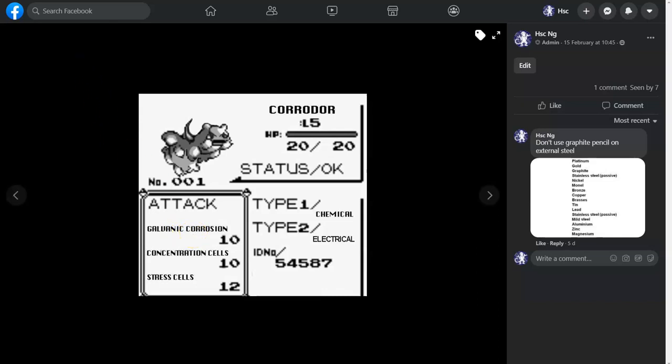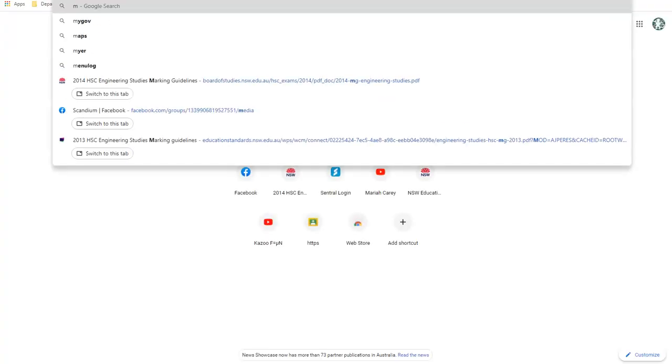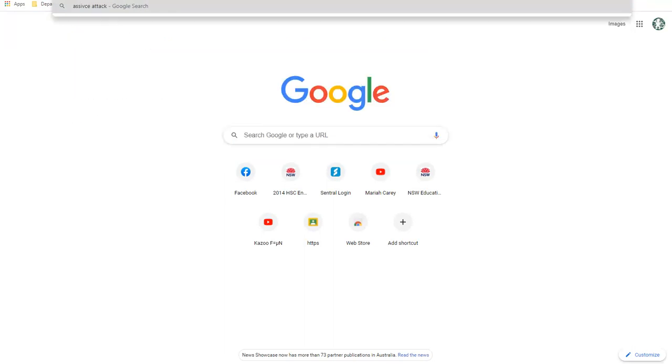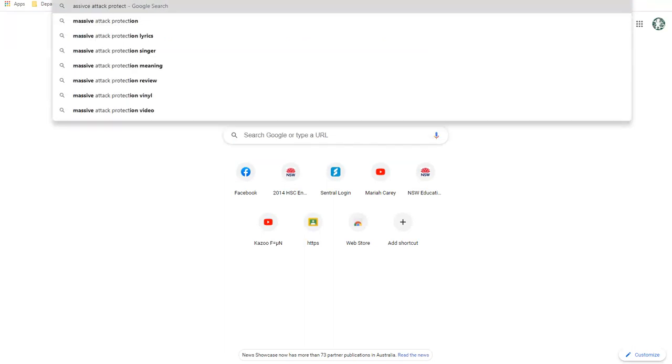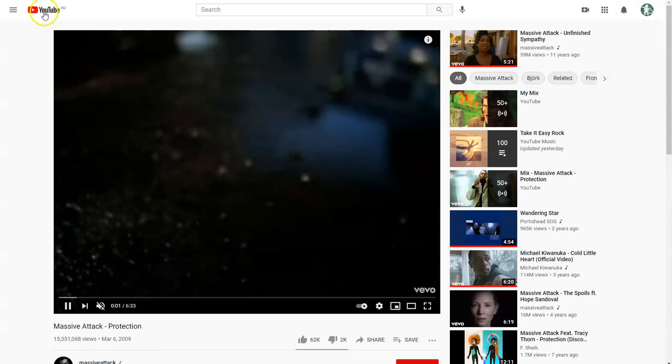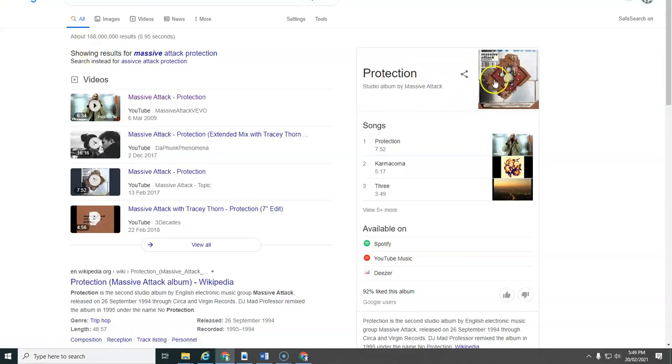I'm going to go to another song. There's a band called Massive Attack. Yeah, we're going to do it. Okay. I can't actually see while I'm typing, so I'm just hoping that this will come out. What's interesting is if you saw the album for this, it looks rusty.